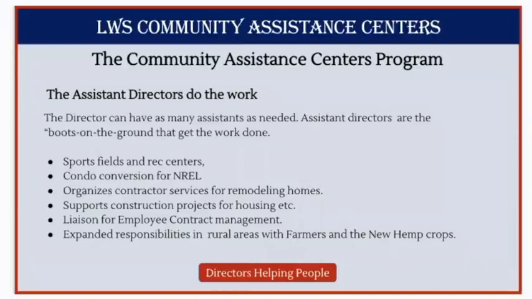So there would be machinery and processing stuff that's required for processing hemp. All of those kinds of things would be peculiar to a rural area, and the assistant directors who are involved there, or the director, would have a specific responsibility for them.